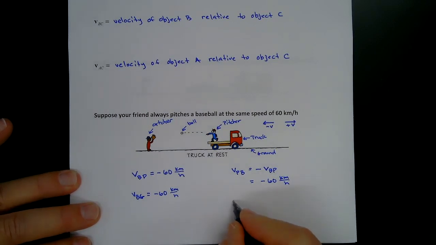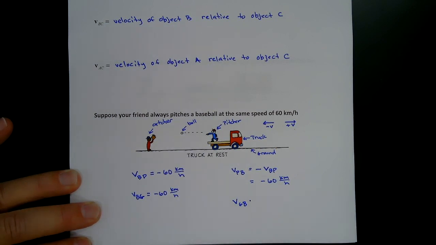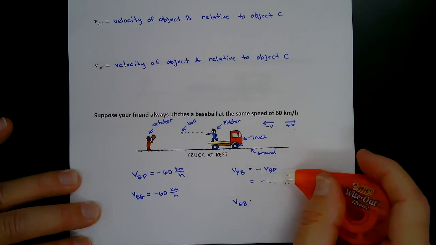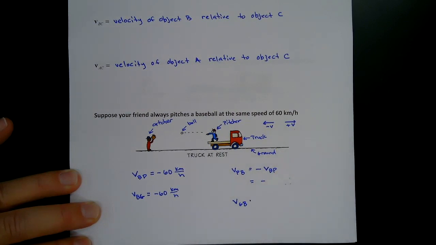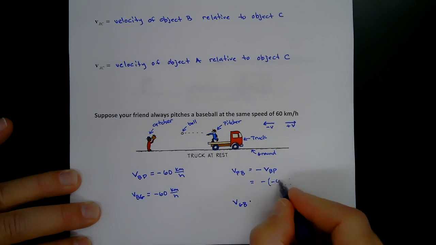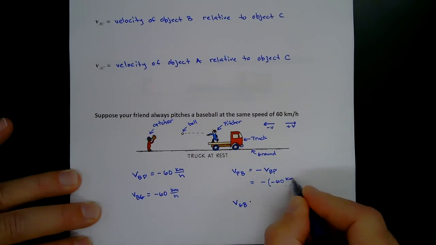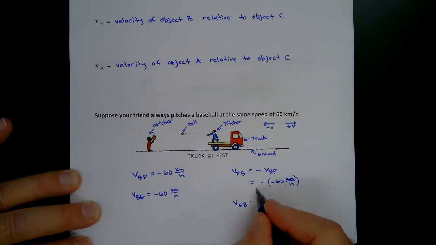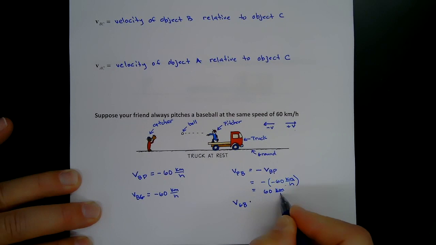And we could also find the velocity of the ground relative to the ball. You know what? I'm sorry. This would be negative of negative 60. Let me fix this. It'd be negative of, because this one's negative 60. And so that would give you positive 60 kilometers per hour.